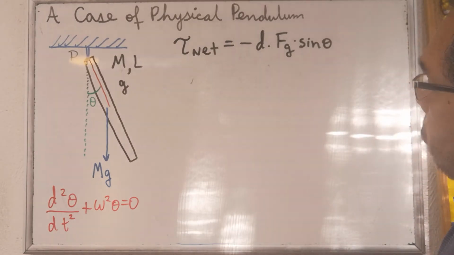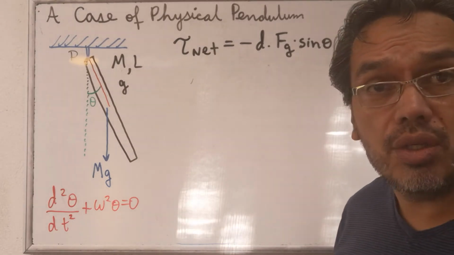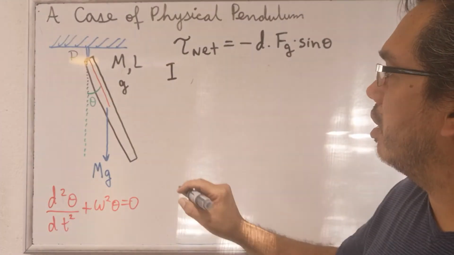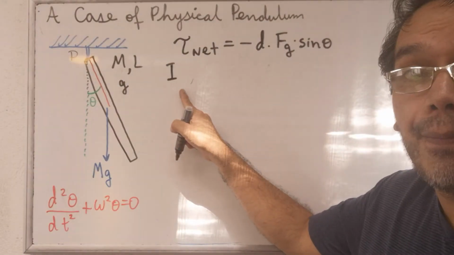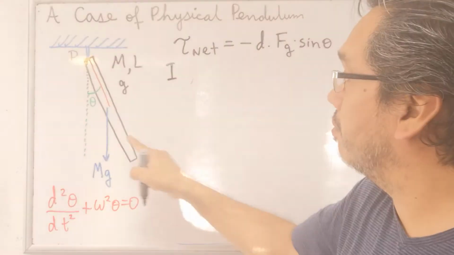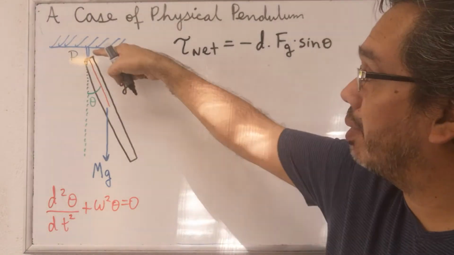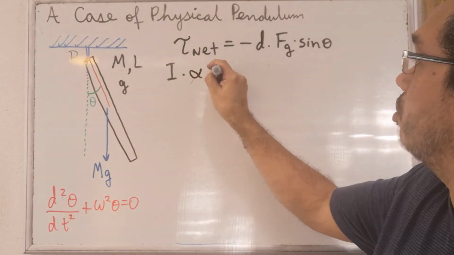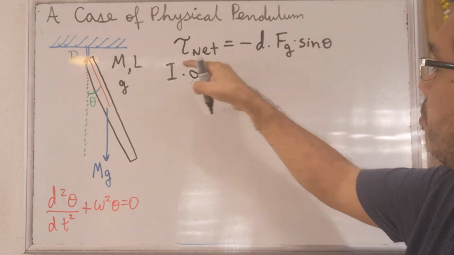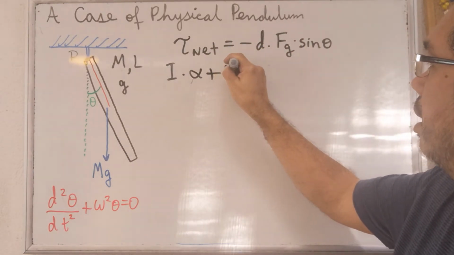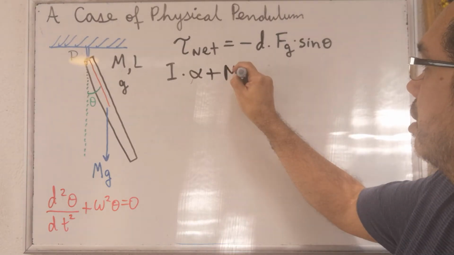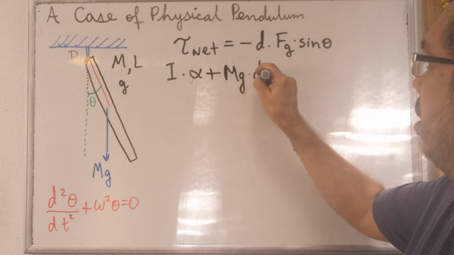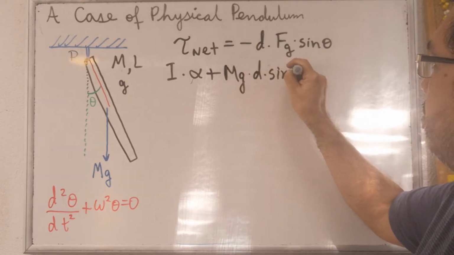Now, according to Newton's second law in its rotational form, the net torque is also equal to the moment of inertia about the pivot point, so be careful with that, the moment of inertia has to be about point P, times the angular acceleration. Now you can move this term over here and change the elements a little bit. We know that the gravitational force is mass times gravitational acceleration, times d times the sine of the angle.